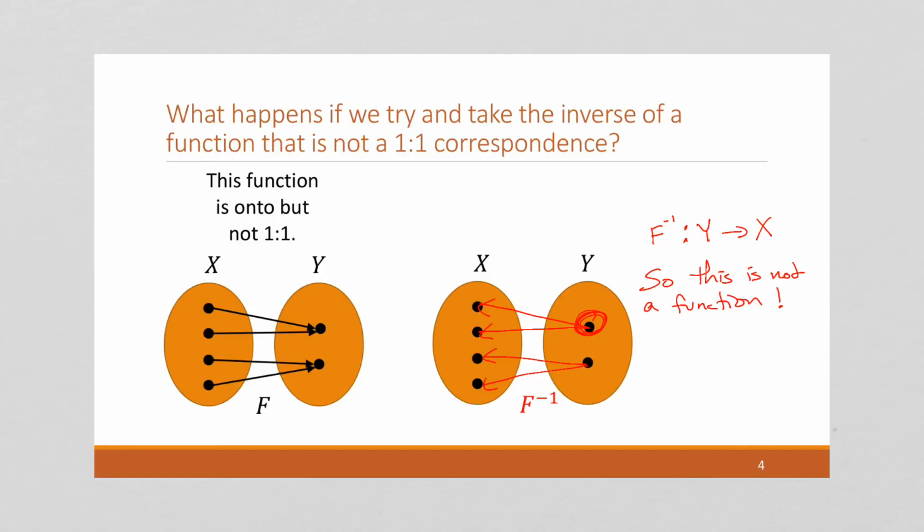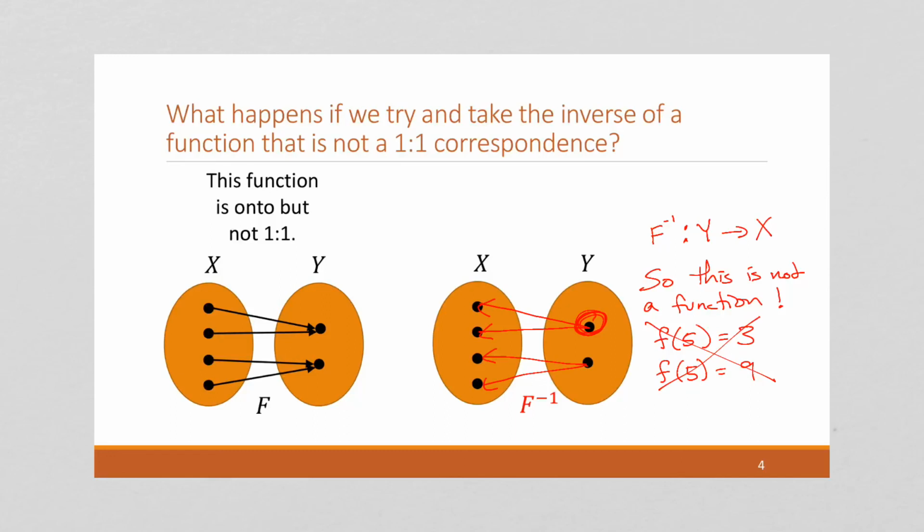It violates the definition of a function. And again, in algebra, what this is violating is the vertical line test. If you put a number in, you can't get different numbers out. We can't have f of 5 equals 3 and f of 5 equals 9. That's not possible in a function.